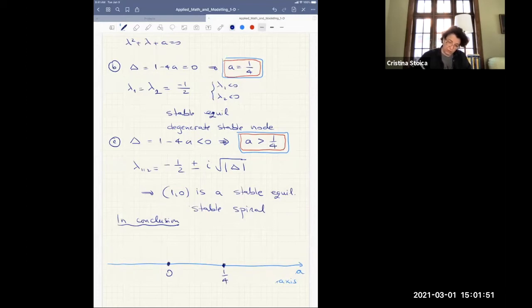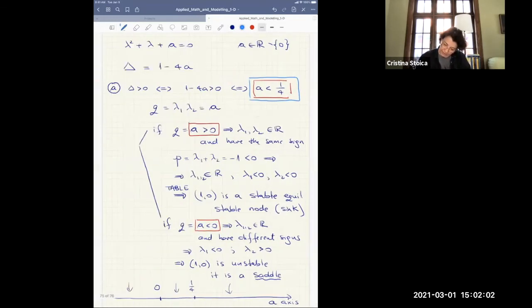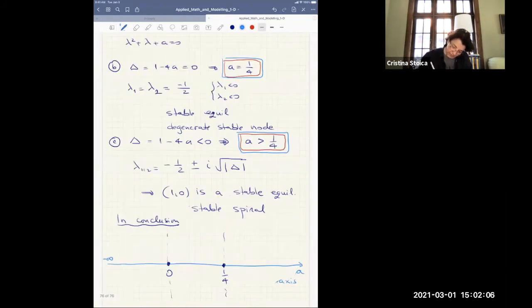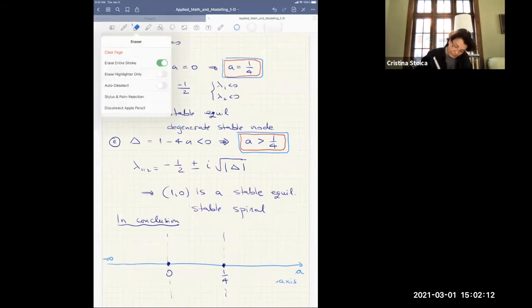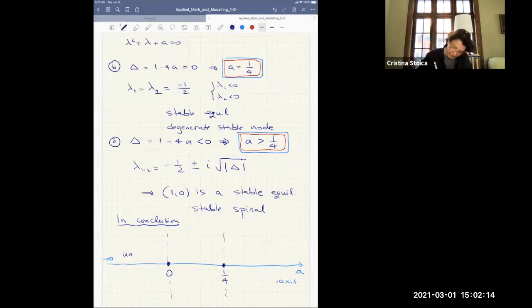So for a in between minus infinity and 0, we have a saddle. Here it's unstable. Oh, I should write it. And it's a saddle.